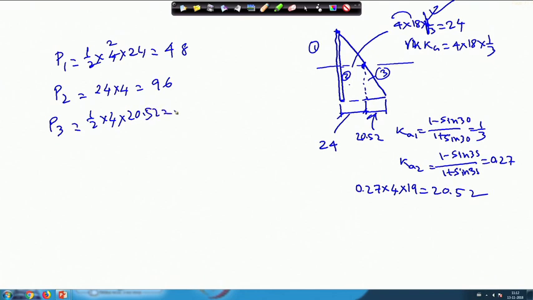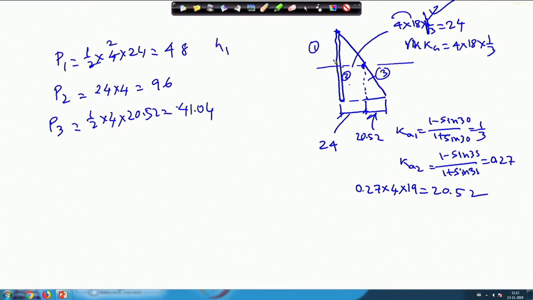So, it will be 41.04. So, this will be 48, this will be 96 and this will be 41.04.